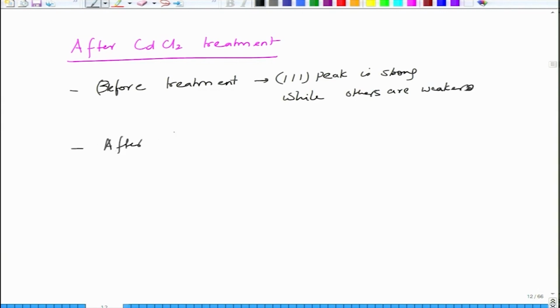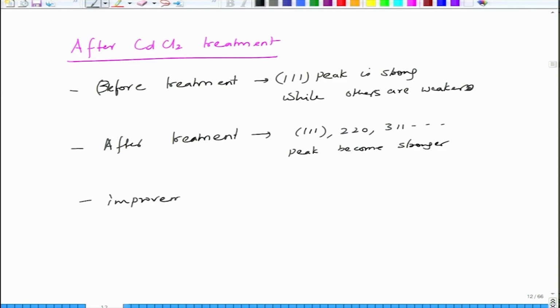After treatment, the other peaks also become strong. So, 111, 220, 311 peaks become stronger. So, basically you can say that there is an improvement in the X-ray diffraction pattern, or you can say crystallinity improvement, okay, improvement essentially in crystallinity. So, this is what the CdCl2 processing is about.